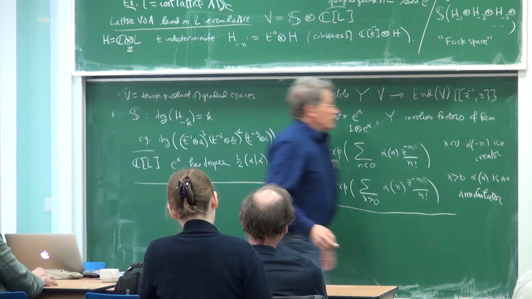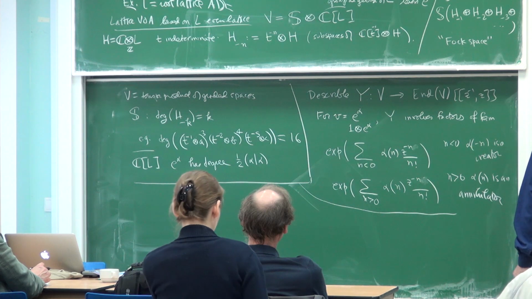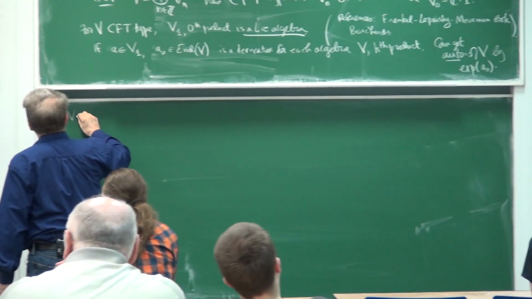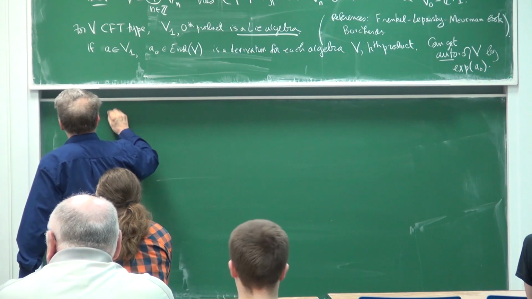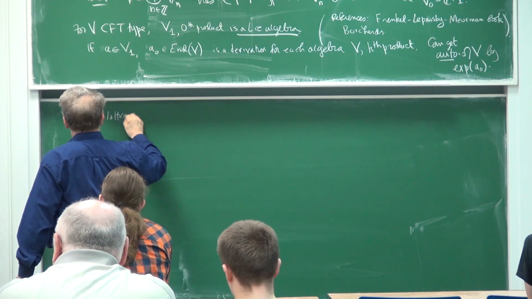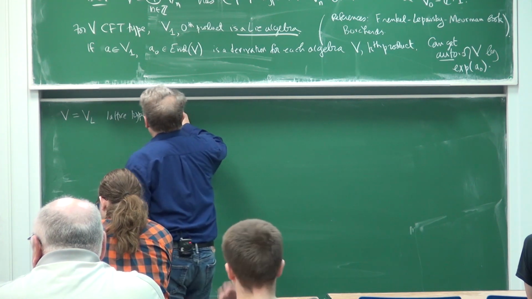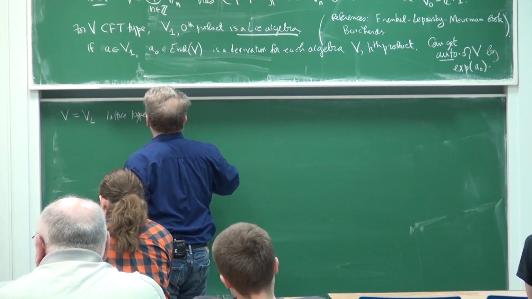Okay, let us now take the case. Let's say V is of lattice type. And let's look at degree 0.